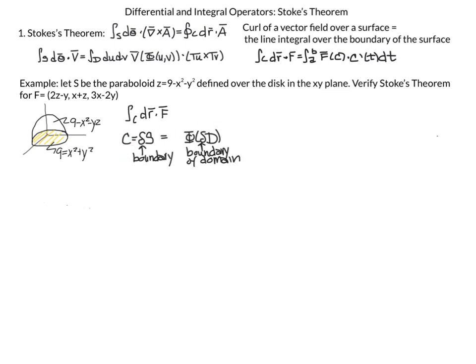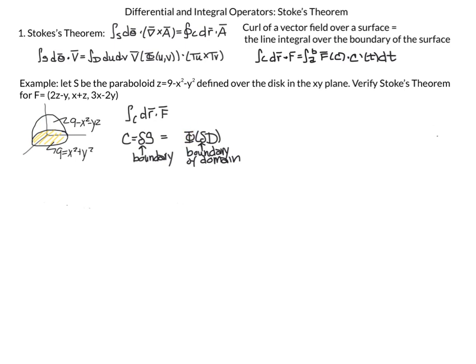This is the formula. I'm using this delta to signify boundary. So when I say delta of a surface, we're talking about the boundary of the surface. When I say delta of a domain, that's the boundary of the domain. And the idea here is if this phi is the mapping from the domain to the surface, that's our parameterization, right? It goes from the UV plane into the surface, or the 2 dimensions into 3 dimensions.